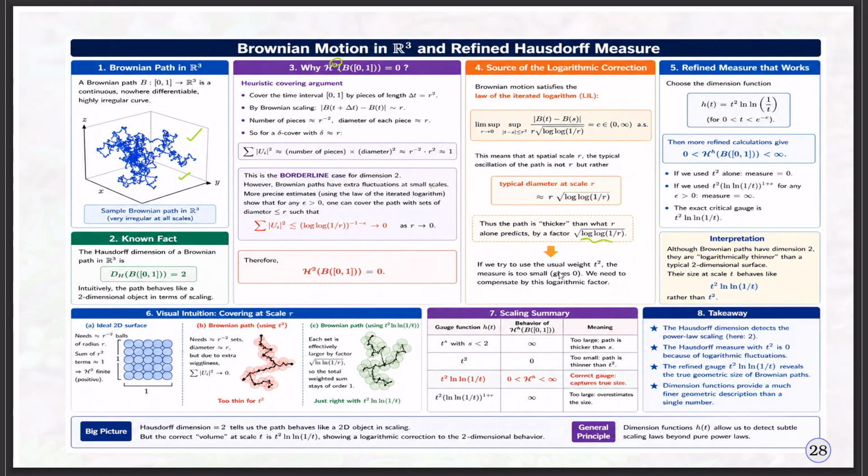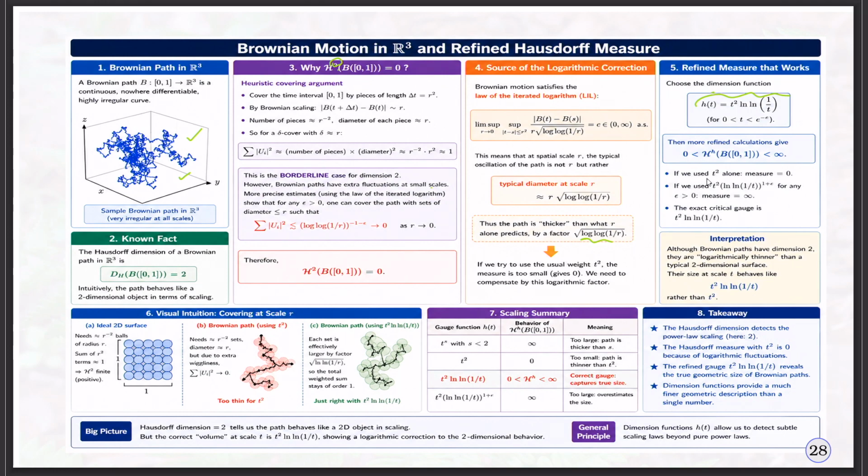If we try to use the usual weight t^2, the measure is too small and gives 0. We need to compensate by this logarithmic factor. So choose the dimension function h(t) as t^2 ln(1/t), with t between 0 and e^(-c). Then a more refined calculation gives H^h of B([0,1]) lies between 0 and infinity.